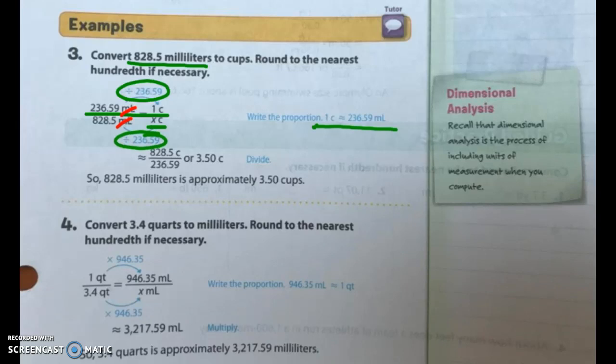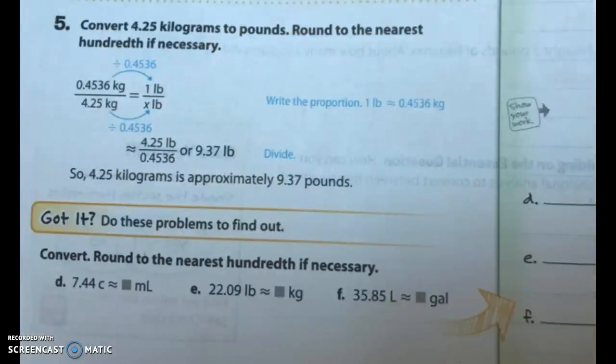And then on this side, you'll end up with the 3.50 cups, okay? And that's where you can use a proportion to solve these if you are having trouble with the other way that we learned earlier in the chapter, okay? So lots of different ways to solve this, but again, we're just converting between units.